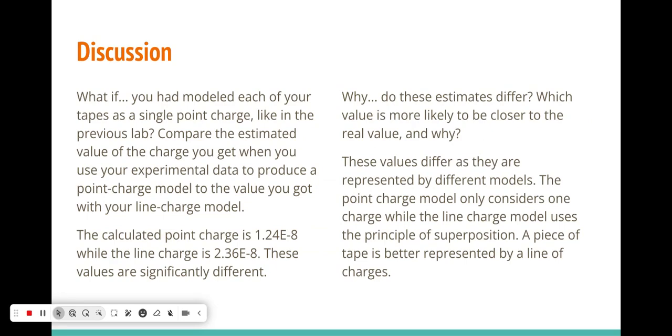These differ because they are represented by different models. We have one model being a point charge, and one model being a line of charge. The line of charge uses superposition, which usually results in a more accurate result. And we can assume that the model of the line of charge is better representative of the charge of the tapes.